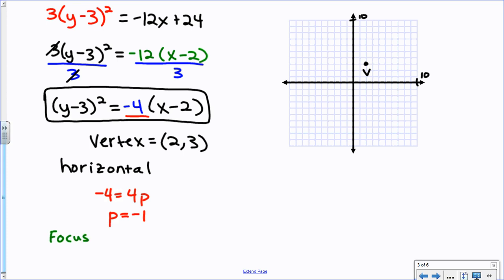So from my vertex, to find my focus, I'm going to move left negative 1 from my vertex. So then that is the point 1, 3.